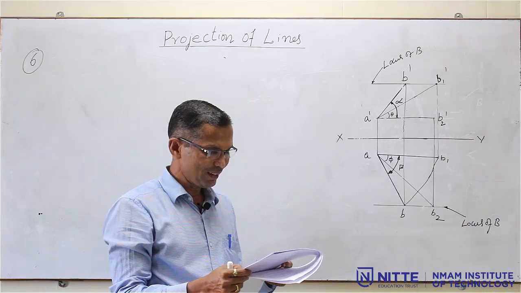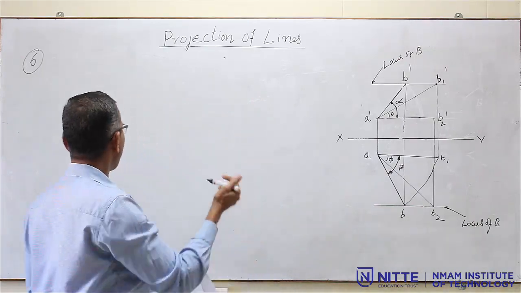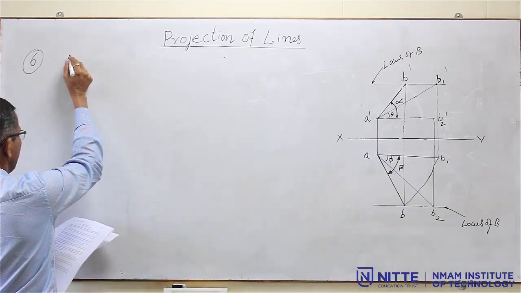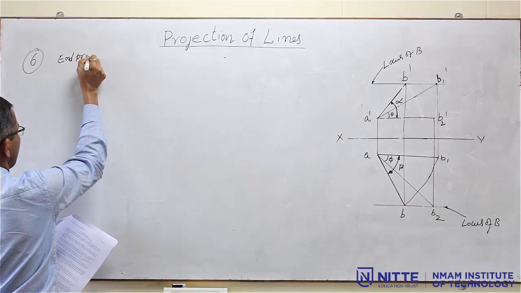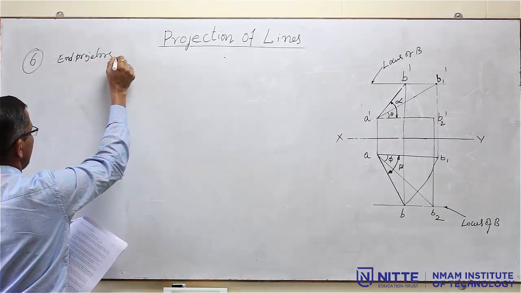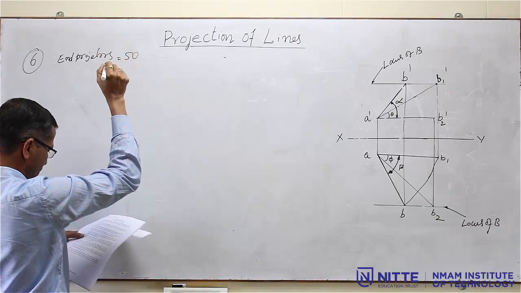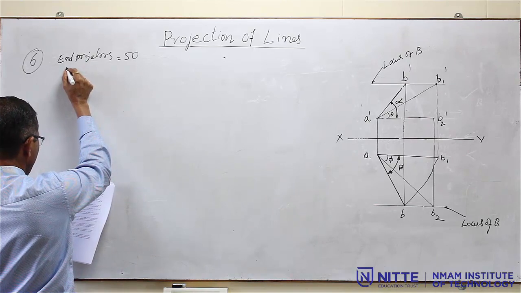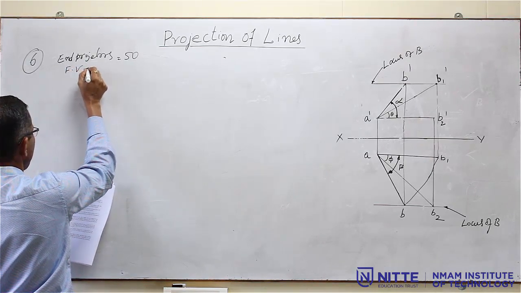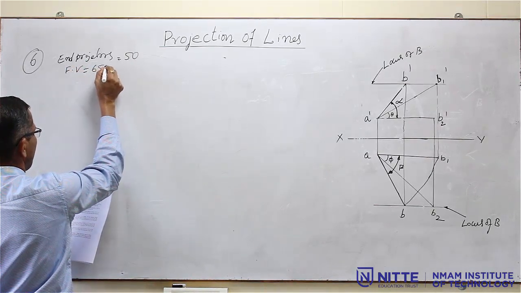The line appears 65 long in the front view. Distance between the end projectors is 50 mm. Then the line appears 65 in the front view. So, front view is 65.